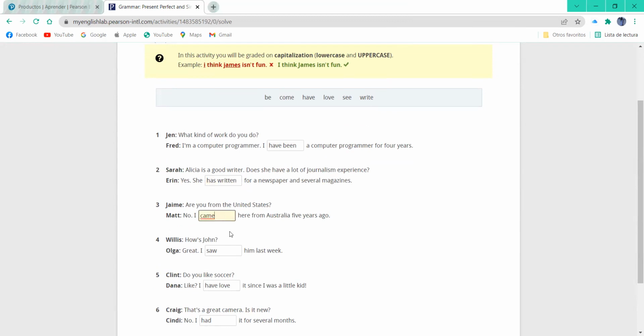Yes. Okay. The verbs you have to see. Voy a abrir mi lista de los verbos, no me acuerdo ahorita. Okay, okay.